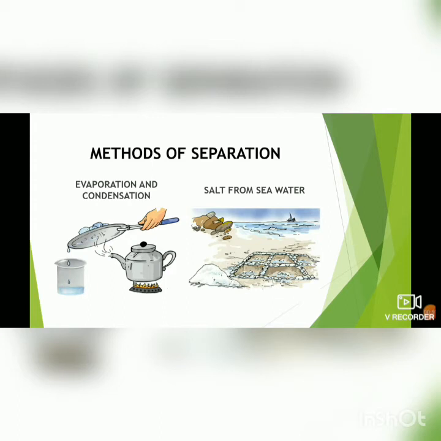As the seawater keeps evaporating, salt crystals begin to form. These shallow field-like structures on the beaches are called salt pans. Once all the water is evaporated, the salt is cleaned, purified and sold to you. So this is how we get salt from seawater by the process of evaporation.